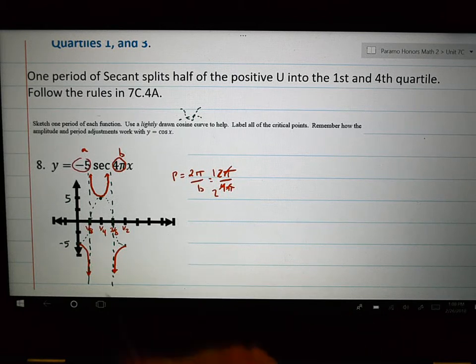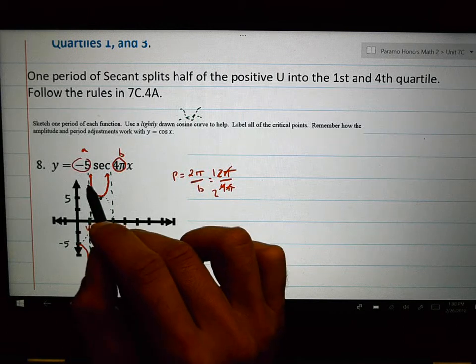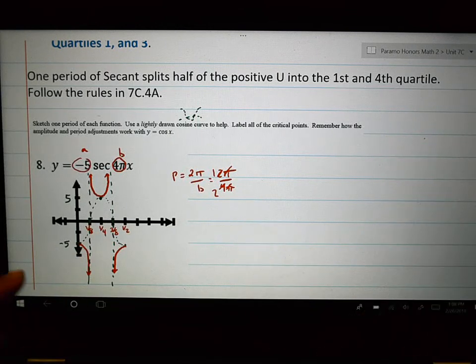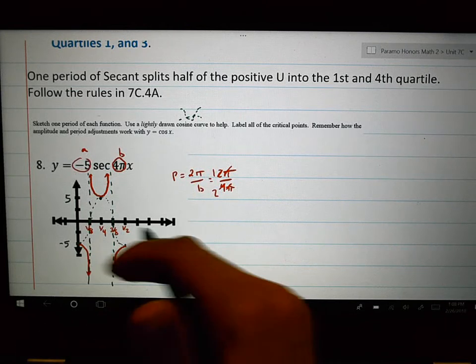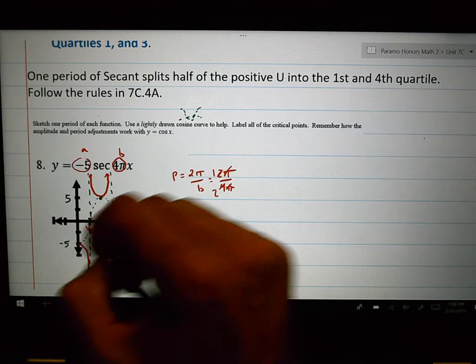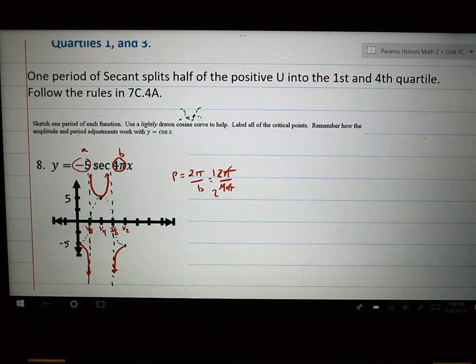So if you notice in the cosecant graph, you have a U up and a U down. This one actually has a U split in half so that you still have one up and one down. It's just a matter of which one starts first. Since it was negative, the negative one got split into the first and fourth quartile. I'm hoping that makes sense.